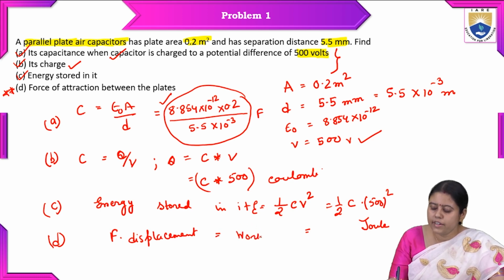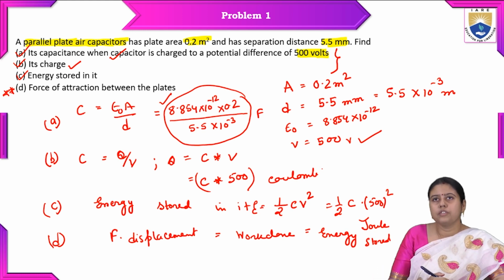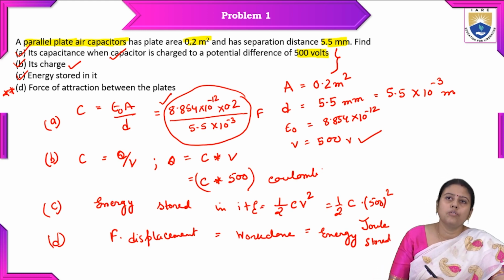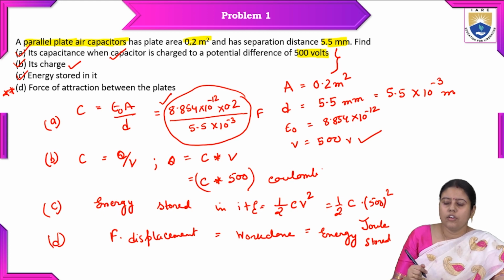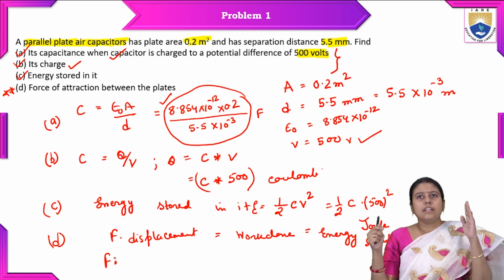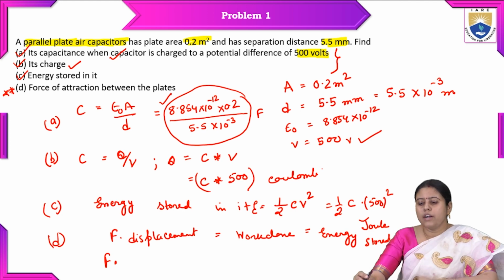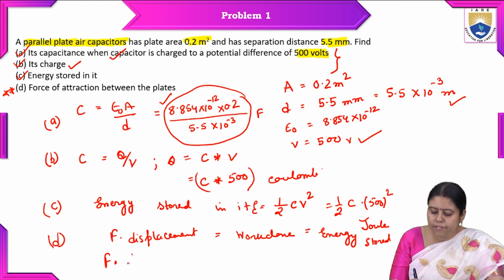And work done is equal to the energy stored. So force into displacement is equal to the energy stored. We have to calculate the force value. Displacement means the plates will try to cover the distance between them. And what is the distance between them?